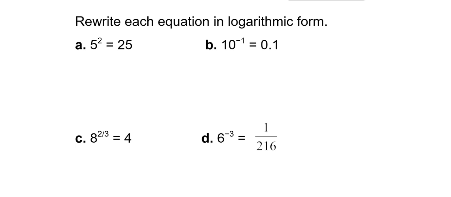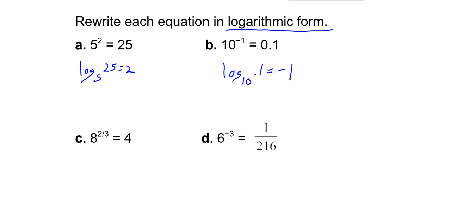Okay, here in this example now we are just going to go the other way. We're going to take our exponential and write it as a logarithm. So we get log base 5 of 25 is 2. And we get log base 10 of 0.1 is equal to negative 1.